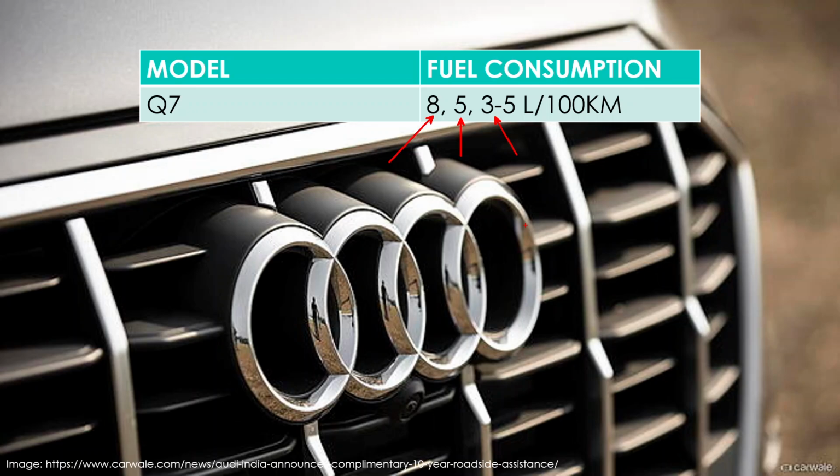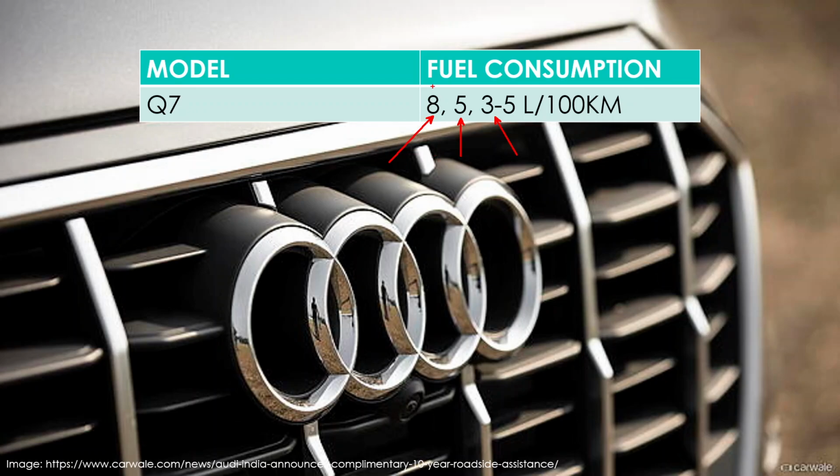So why is this important? This is important because it enables you to know how much you're going to be spending. Because I know you guys are going to buy an Audi at some point. How much you're going to be spending, for example, on fuel in a month. So we've seen that the worst case is 8 liters.